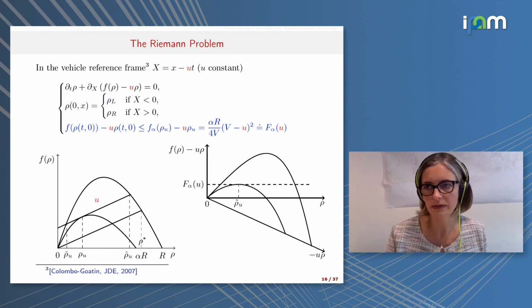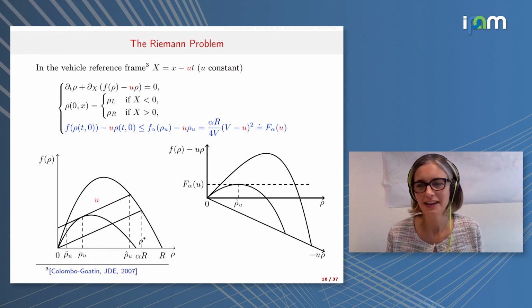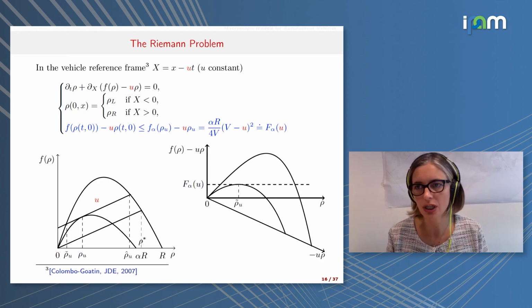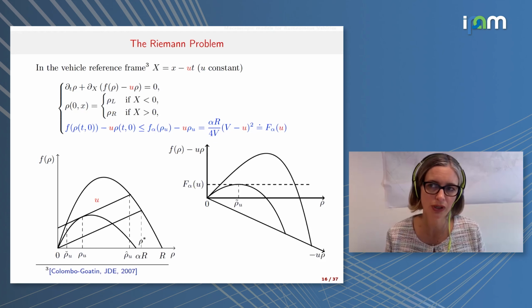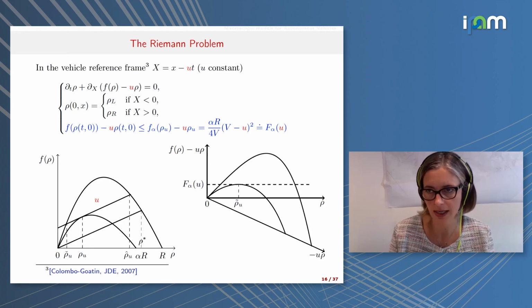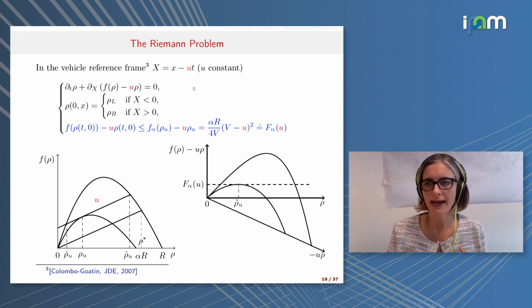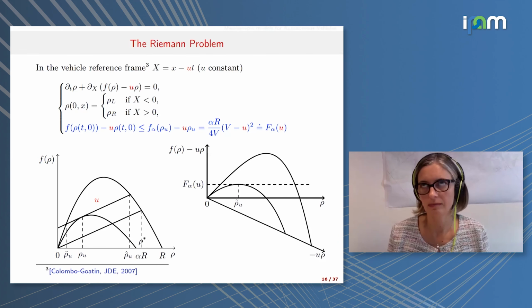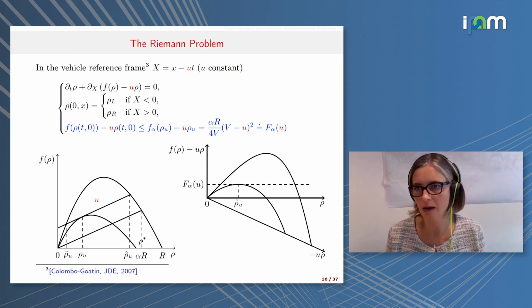Okay, how to solve this problem is not easy to explain. Also because probably many of you don't know much of the theory of conservation laws, but basically what we do is reduce the problem to a problem where the constraint is fixed. So we do a change of variable in space here, and we treat the problem as a problem with a fixed constraint. For a traffic example, it is what happens at a toll gate.